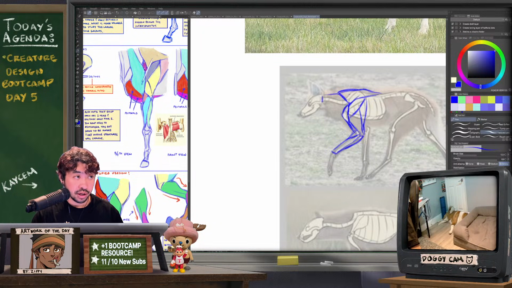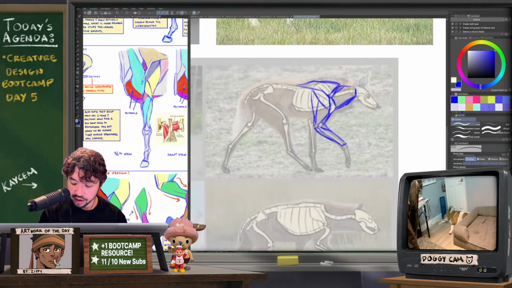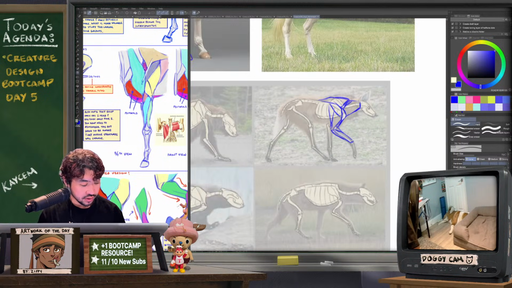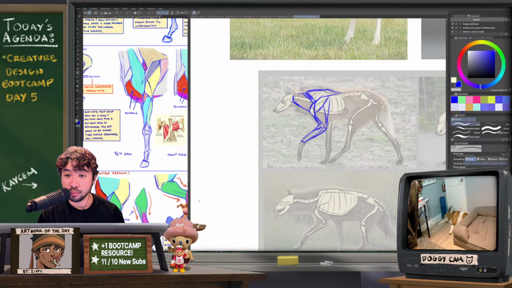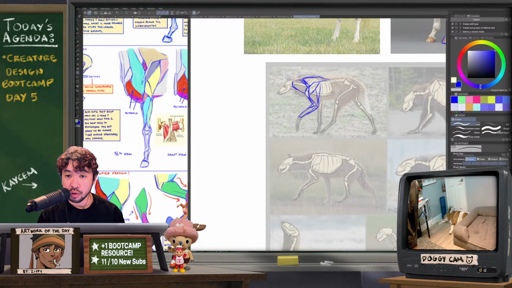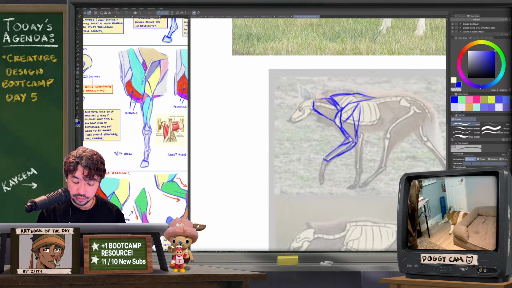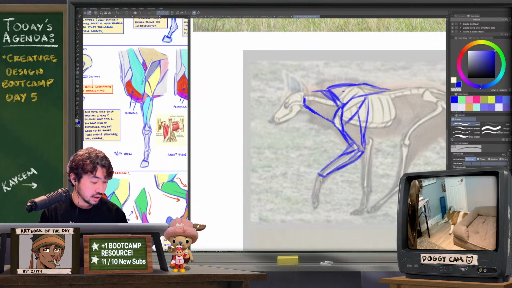And then we got those neck muscles that we talked about. And in this case, we can kind of group them, but essentially, this is it. And I want you guys to go in here, fill in the blanks, boom, boom, boom, you know, draw the rest of these animal stuff.